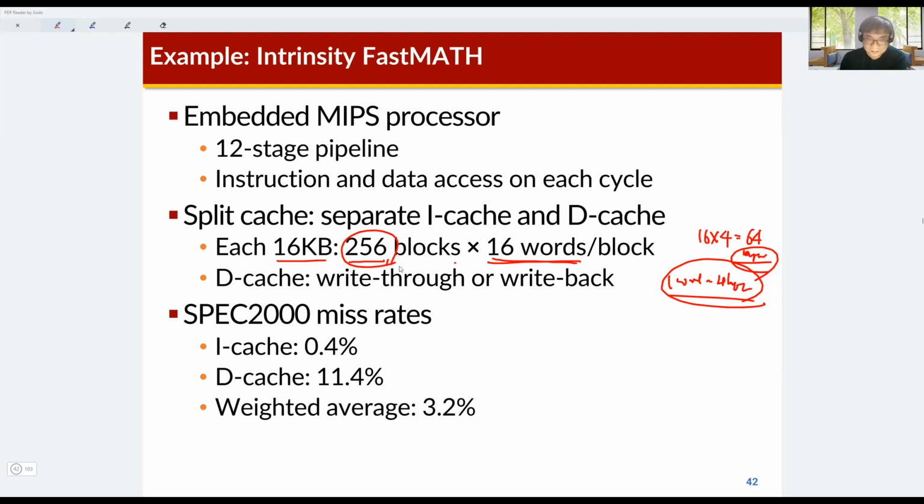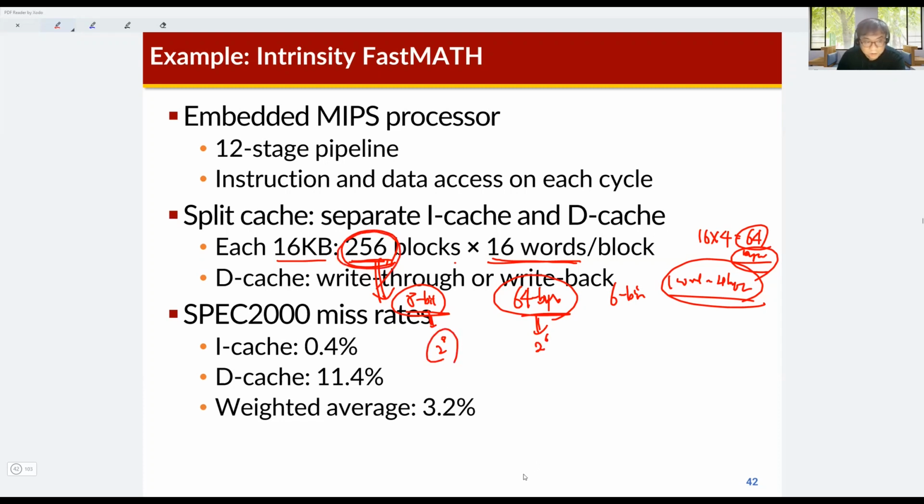The number of entries is 256, so the index field is 8 bits. And what is the size of a block? The size of a block is 64 bytes, so the block offset is 6 bits, because 2 to the 6 is 64, and 2 to the 8 is 256.